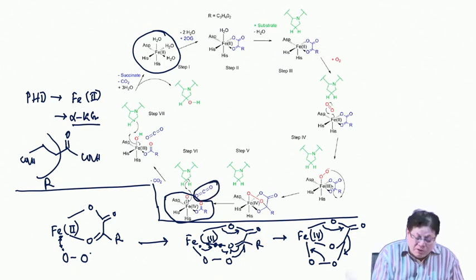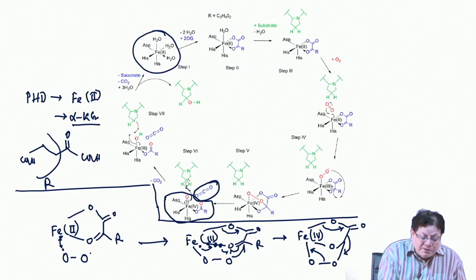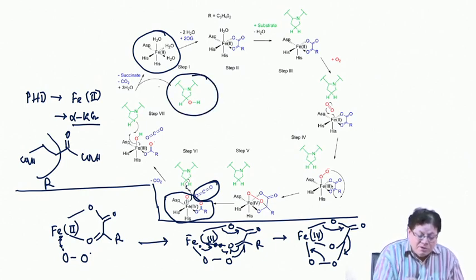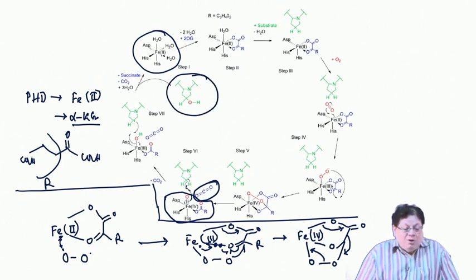Now, the ferryl oxo, the oxygen, a superoxidant, abstracts a hydrogen from here, and this becomes a radical, and then the oxygen adds to this radical, and one of the electrons comes back to the iron. So, you get 4 hydroxy proline, and the iron is brought back to the original state.